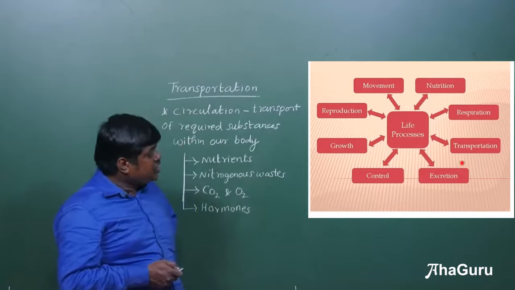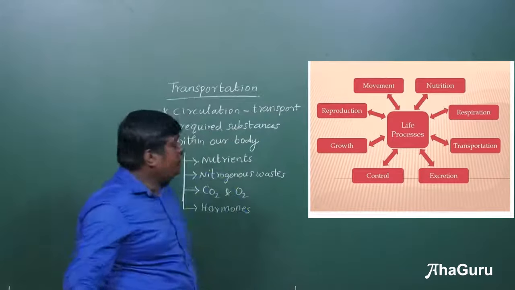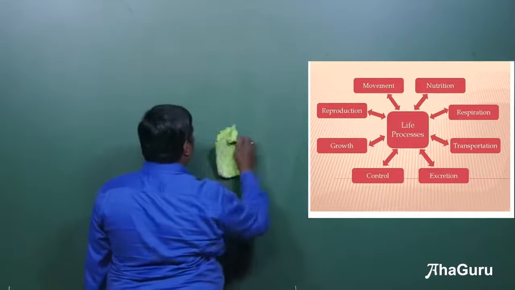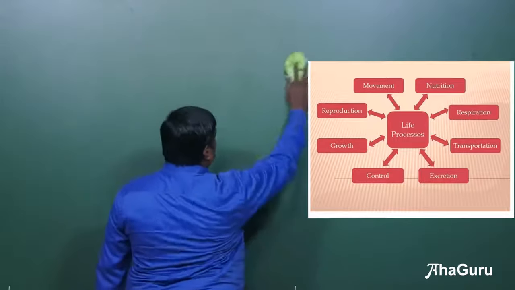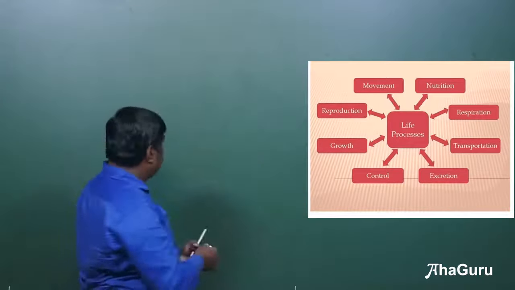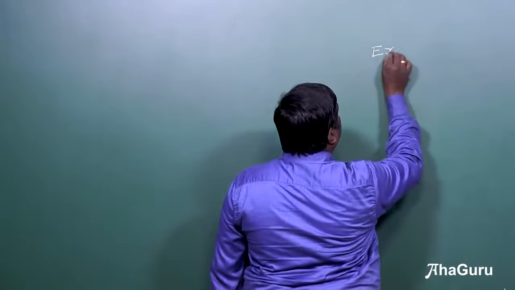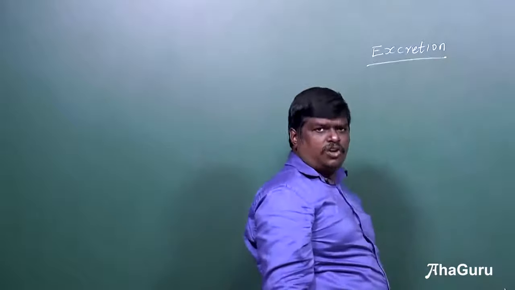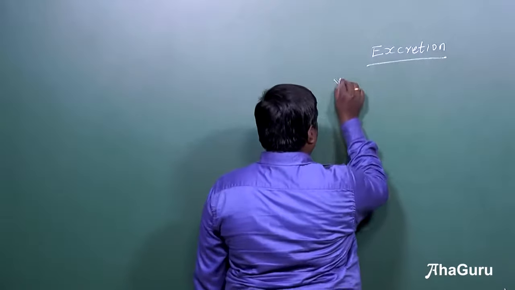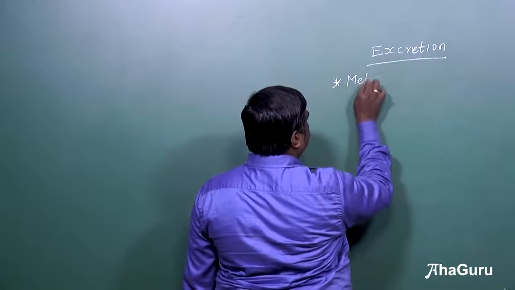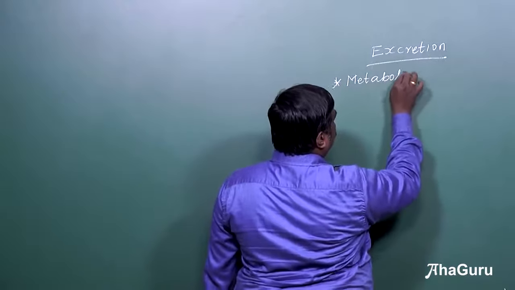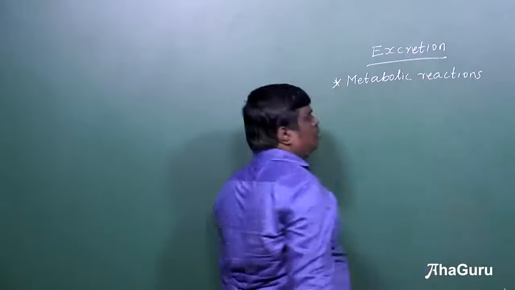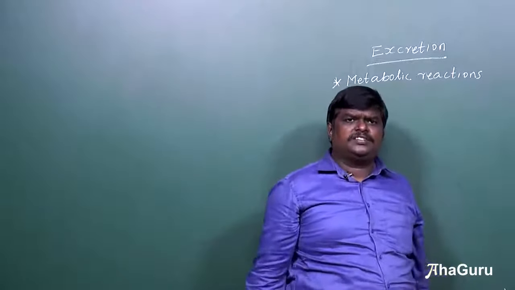Next is excretion. The next important life process is excretion. What is excretion all about? In our body, a lot of metabolic reactions take place. Almost in all organisms, metabolic reactions take place.